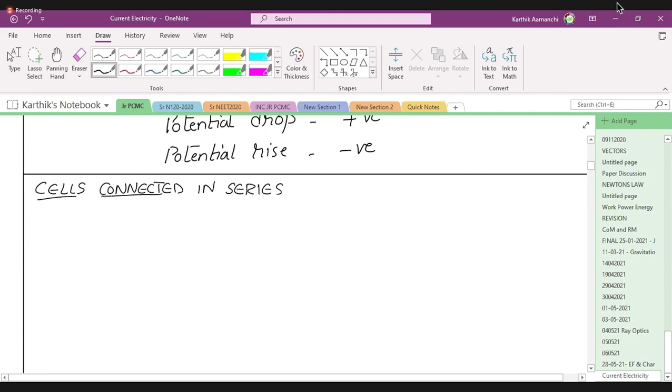Put your heading as cells connected in series. If two cells are connected in series, this is called your grouping of cells.